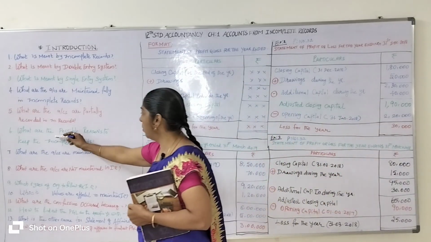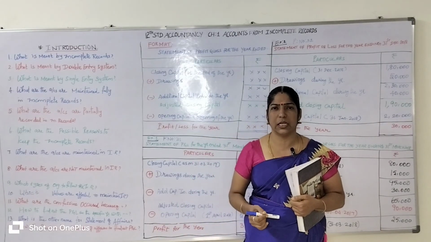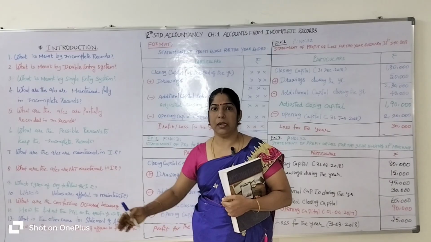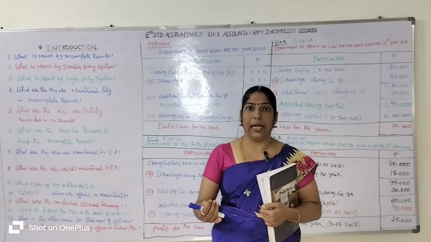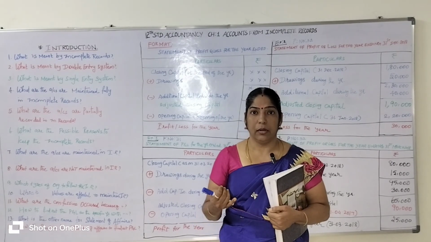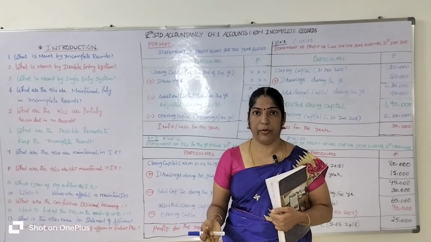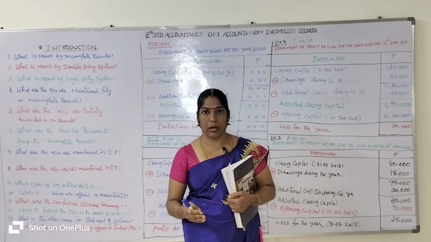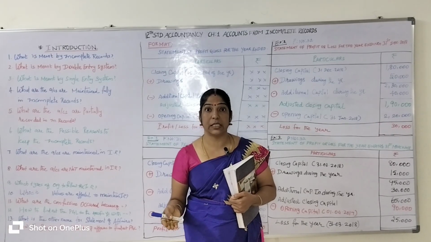Okay. So what are the possible reasons to keep incomplete records? What are the possible reasons why they do not maintain the double entry system? There are some possible reasons to keep the incomplete records. Maybe the lack of accounting knowledge, insufficient accounting knowledge, loss due to theft, due to fire, during natural calamities, some old accounting records lost due to damages, theft.